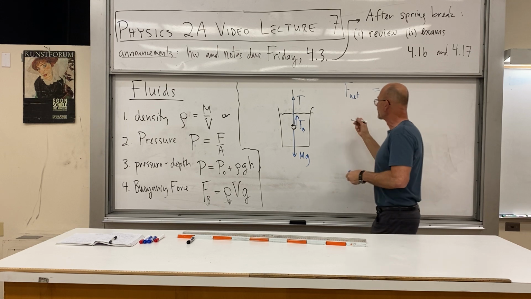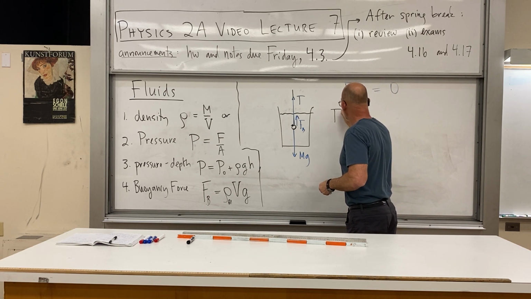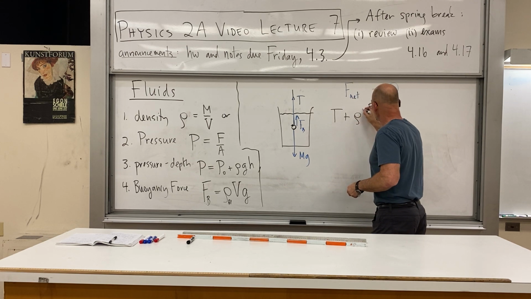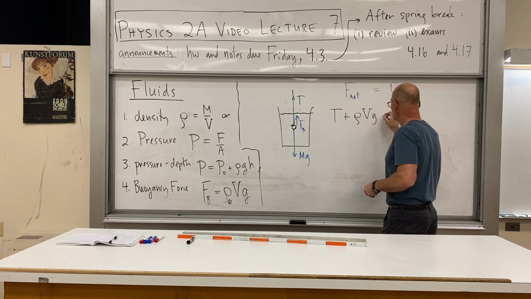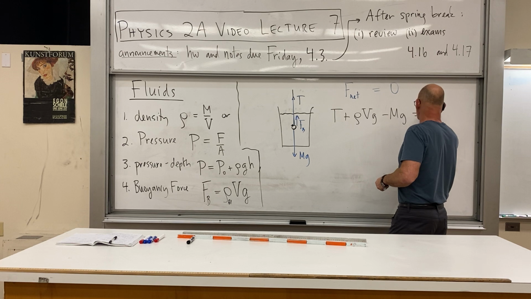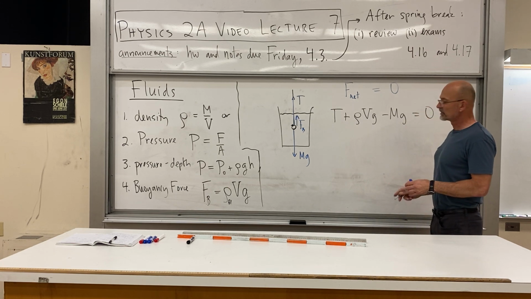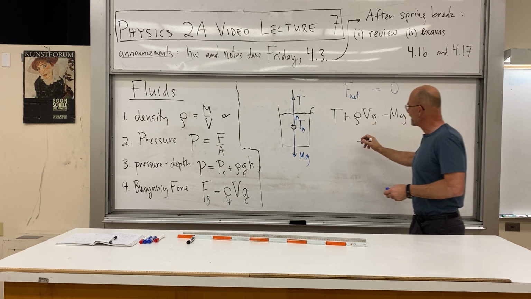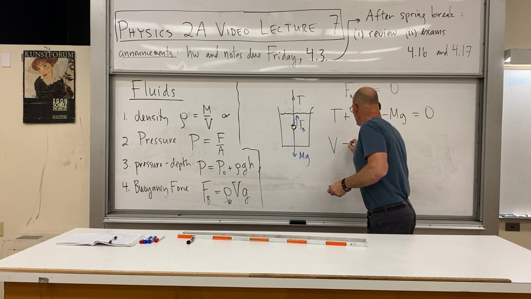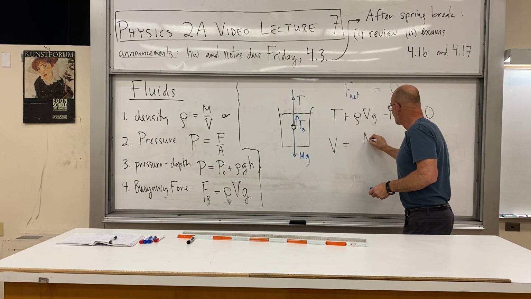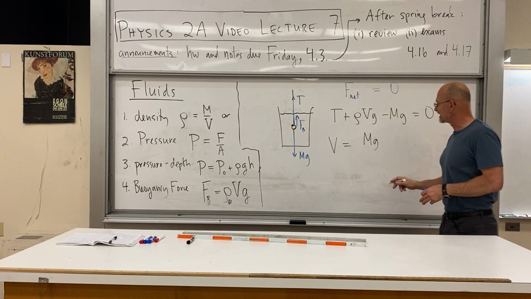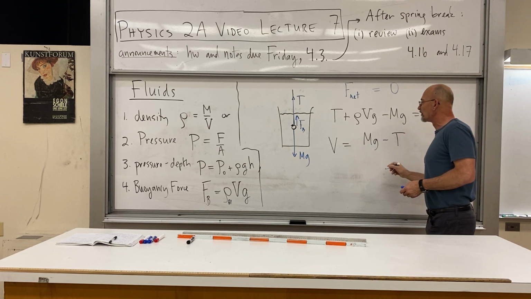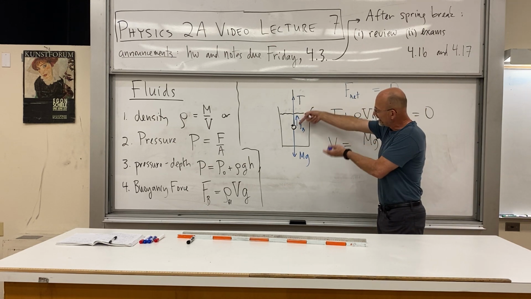It's a static problem. We have T plus the buoyancy force, rho V g, minus mg is equal to 0. We did this last time. I'm just repeating it because it's an important problem. We're solving for V. And V is equal to mg, which is the weight when you just weigh it in the air, minus the tension, which is the weight that you're reading when it's in the fluid.